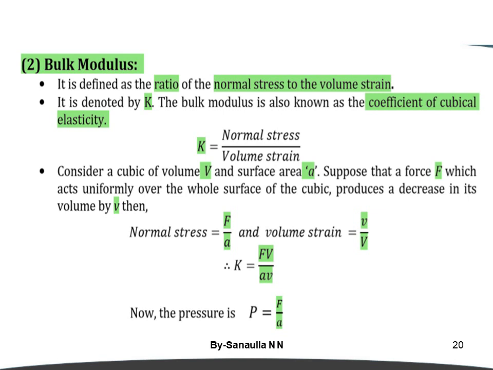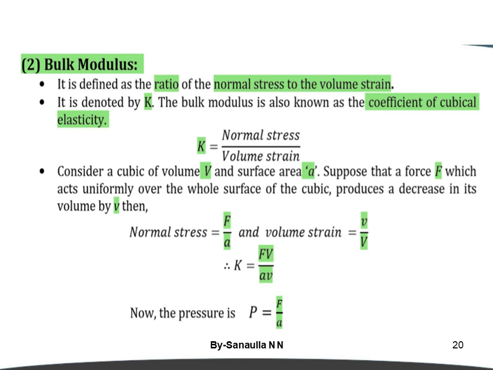Then normal stress is equal to F by A, force per unit area, and volume strain is equal to change in volume to the original volume, that is capital V. Therefore, K is equal to normal stress by volume strain. Therefore, F by A whole divided by v by V. So, just the rearrangement, that is capital F into capital V divided by small a into small v.